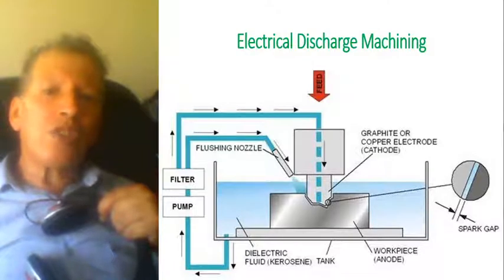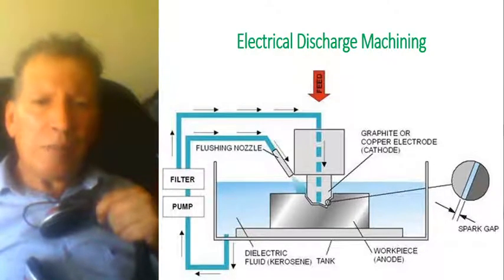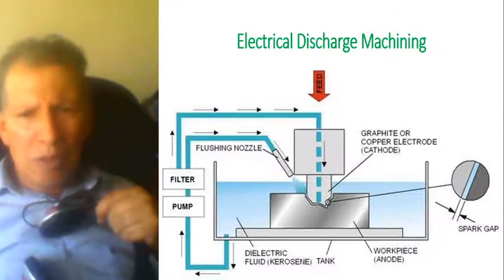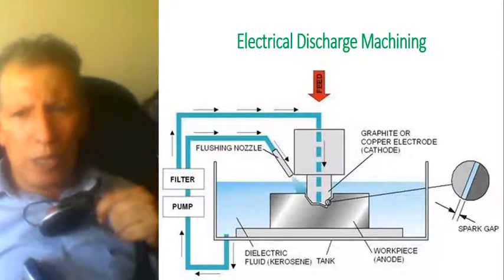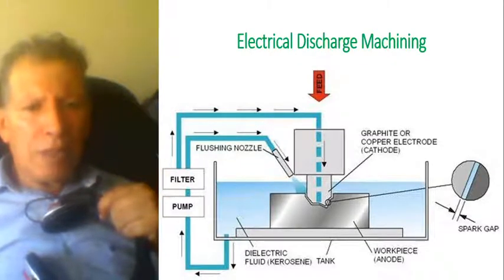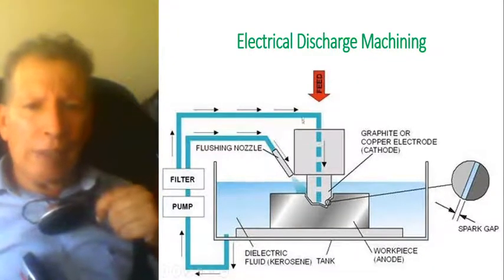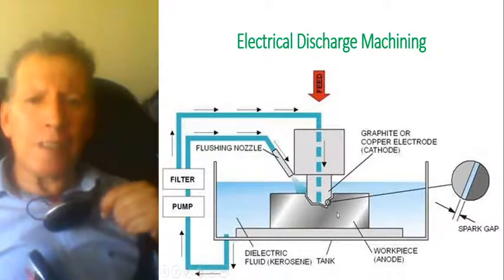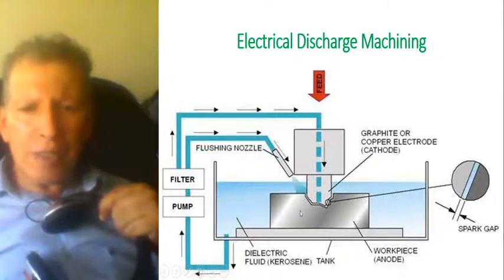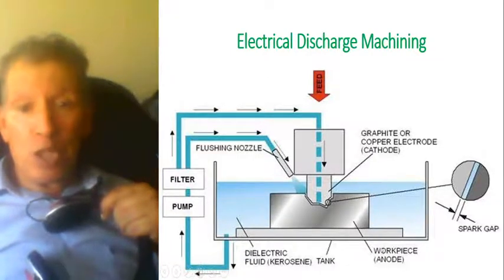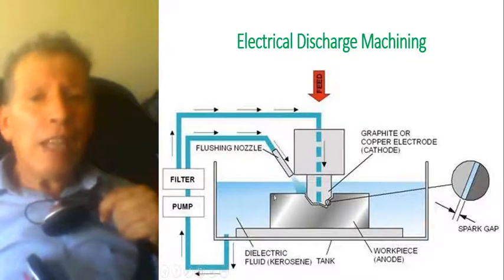So electrical discharging, as you can see here, this is a schematic diagram. Graphite or copper electrode, cathode. So the head is a cathode. It brings the electricity. Notice that there is a liquid in here. This is the workpiece, which is used as an anode itself, and is put in a liquid.